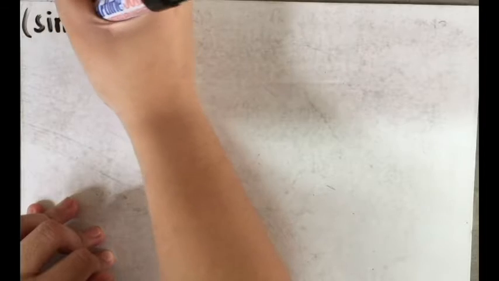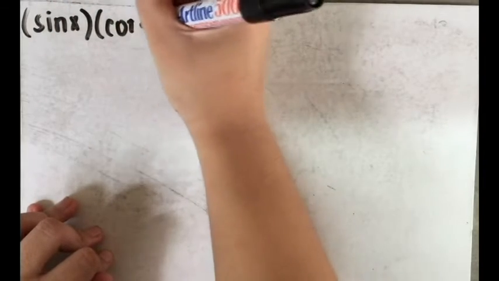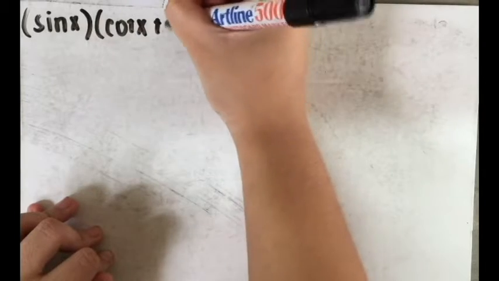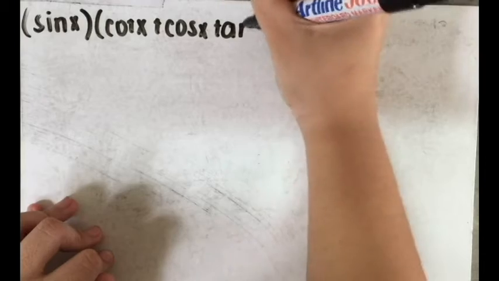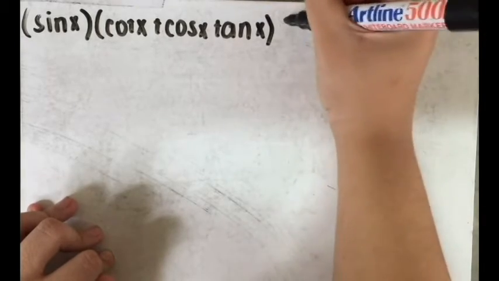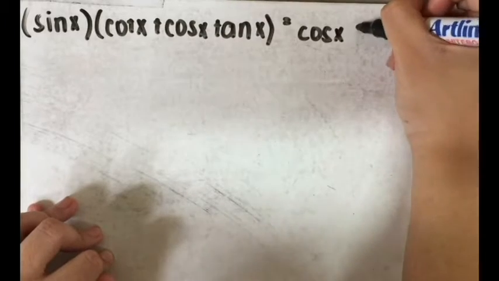For our first given, we have sin x times cot x plus cos x tan x squared plus cos x plus sin squared x.